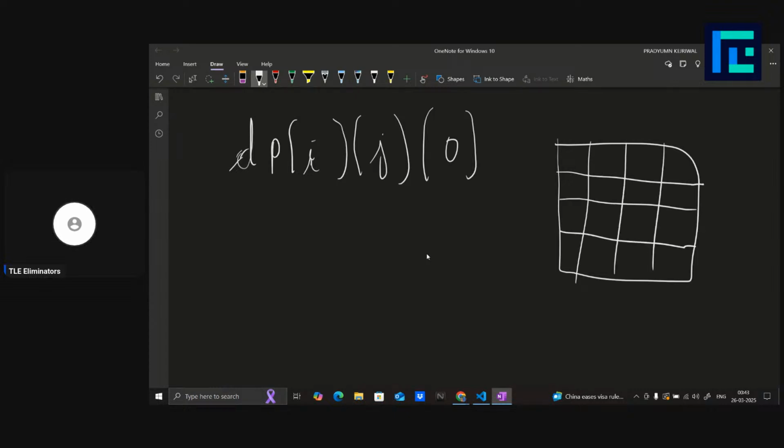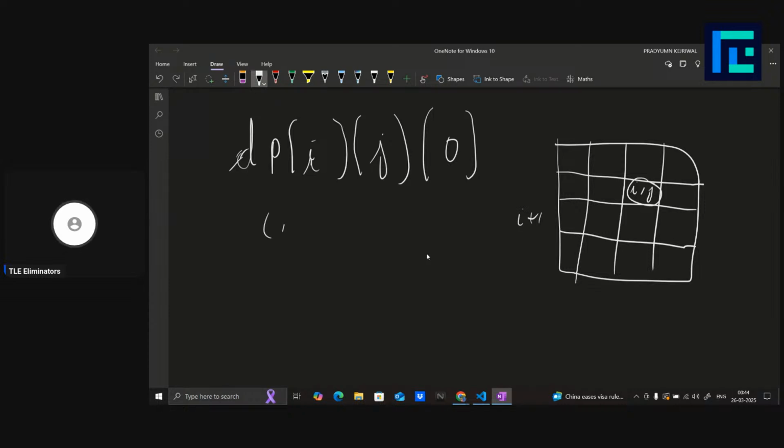So let's say this is i comma j. Here i comma j comma 0 means that I have come from the bottom row, the i plus 1th row, from some cell. And from which cells could I have come?